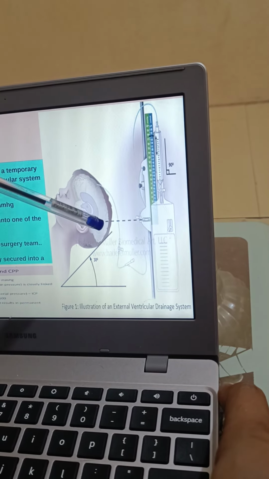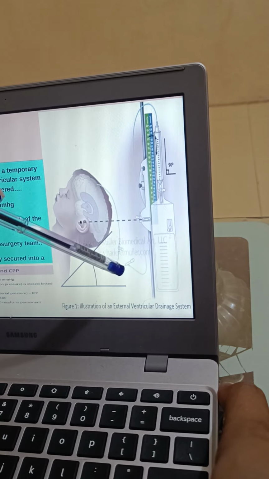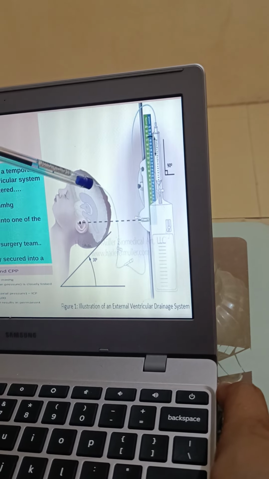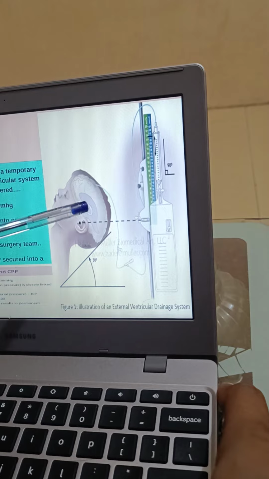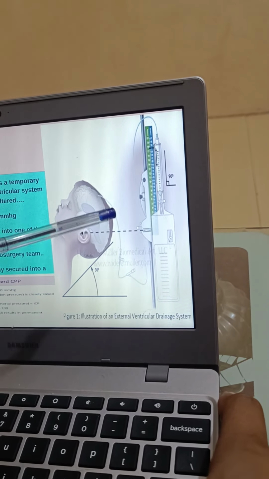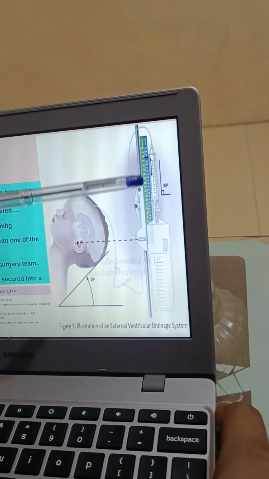Suppose there is very little drain output, usually they will increase the pressure. Suppose there is more output, if hourly it is producing more than 30 to 40 ml of CSF, usually they will decrease the pressure.